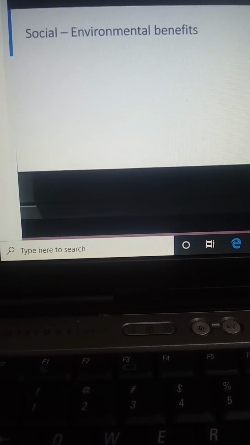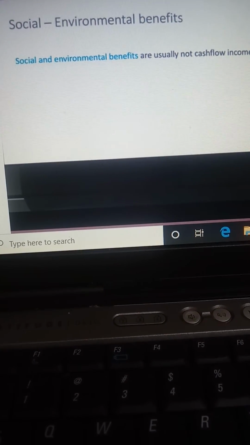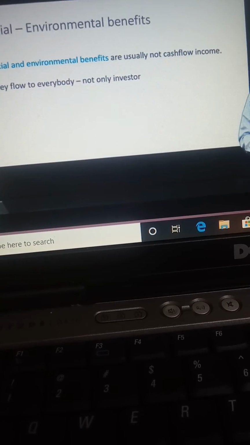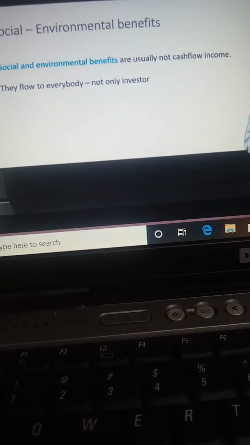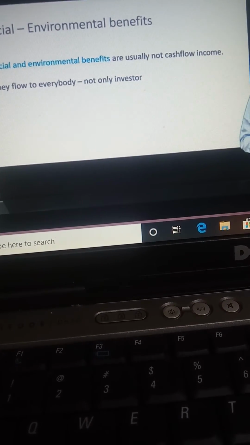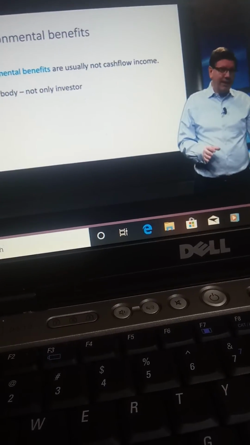Often an investment proposal has significant social and environmental and other benefits on top of, say, its cash flows, or maybe instead of its cash flows. These additional benefits usually flow to everybody, not only to the investor. Everybody enjoys cleaner air, fewer traffic jams, less CO2 emissions, and better coastal defenses.